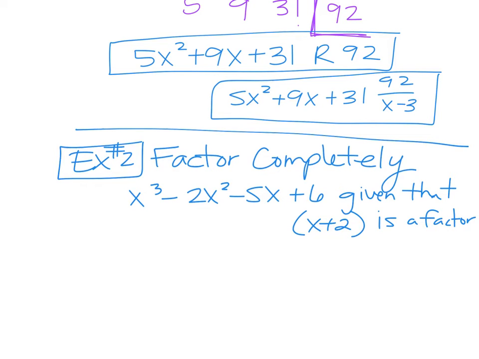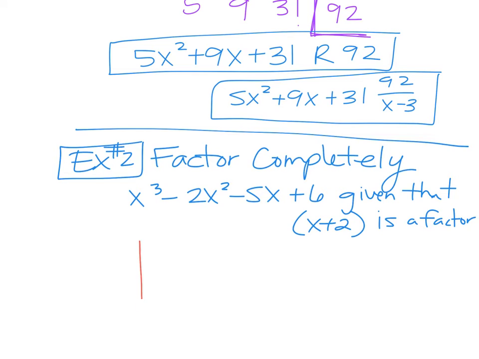Okay? So the first thing we're going to do is we're going to divide this. So we're going to do synthetic division, but then once we've done the synthetic division, we're going to factor it. We're going to finish it off. Okay?